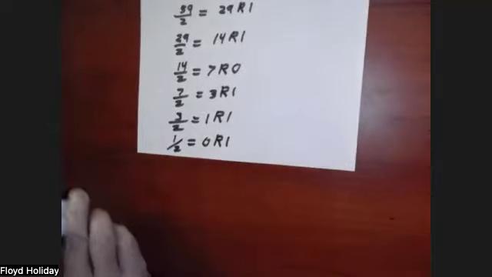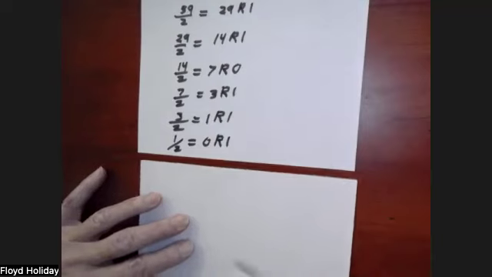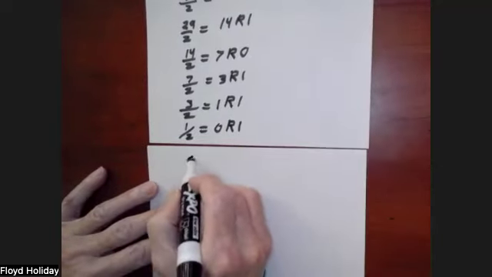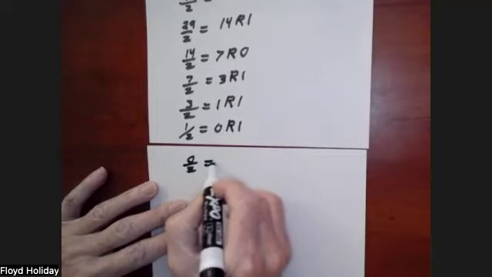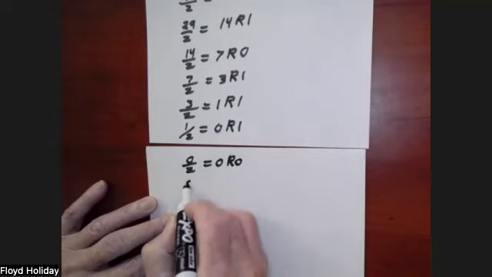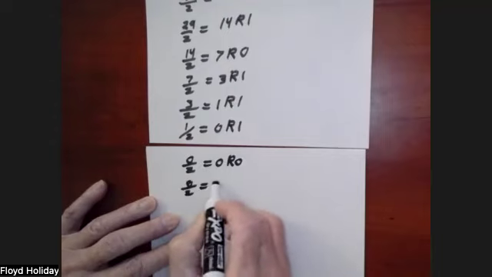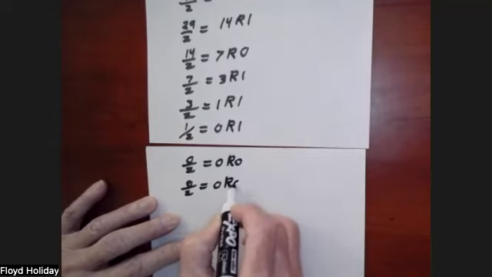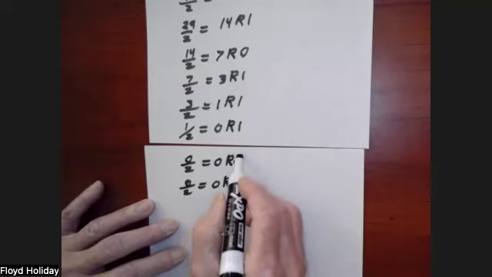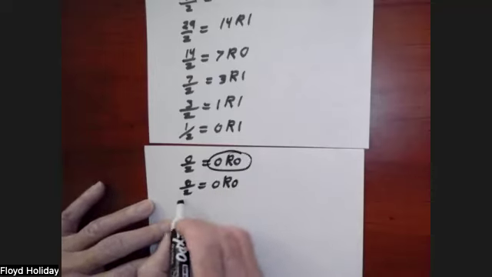Now, at this point any further divisions just lead to zeros. We could keep going. What would be next? 0 divided by 2 is 0 with remainder 0. And you do it again, 0 divided by 2 is 0, remainder 0. So we might as well stop the sequence. When you reach this, it's time to stop.